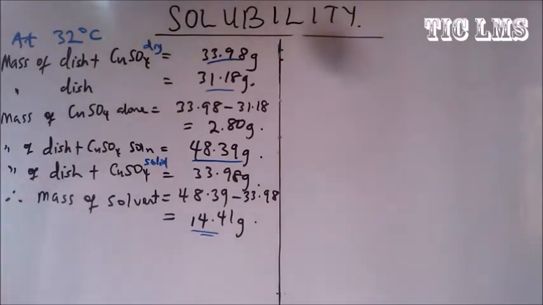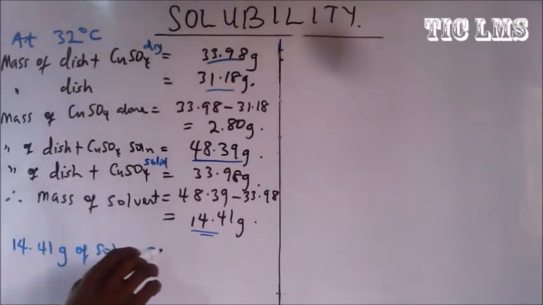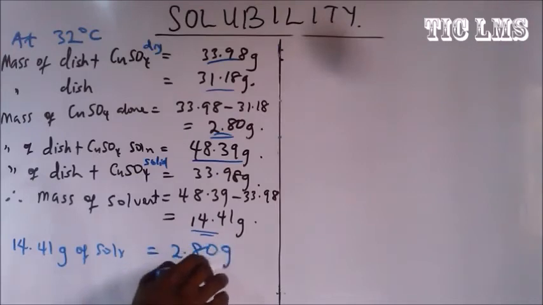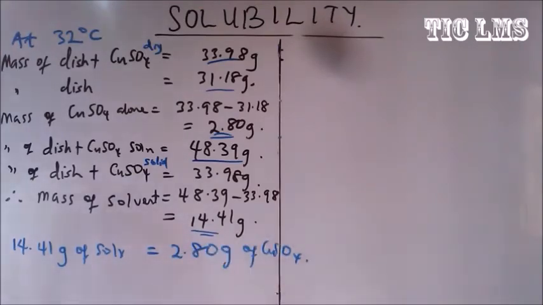This means that 14.41 gram of solvent was saturated by 2.80 gram of CuSO4. That is what this insinuates.